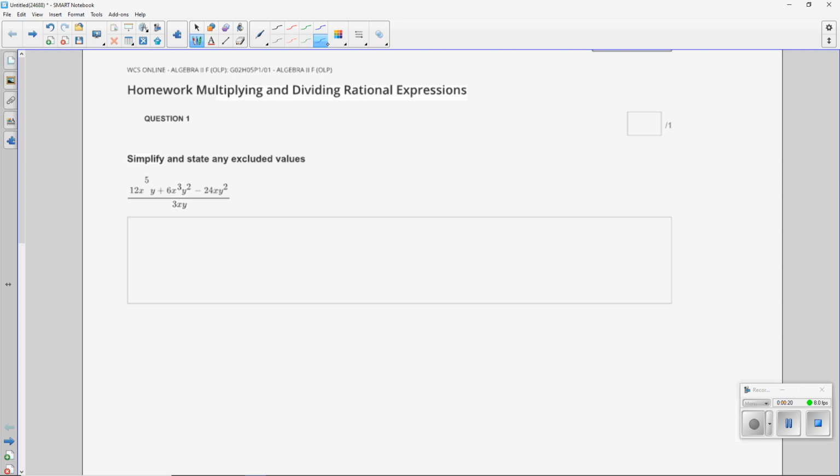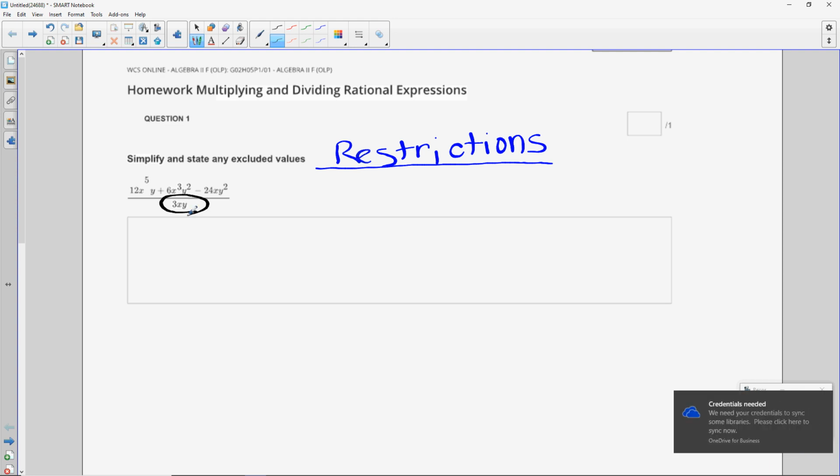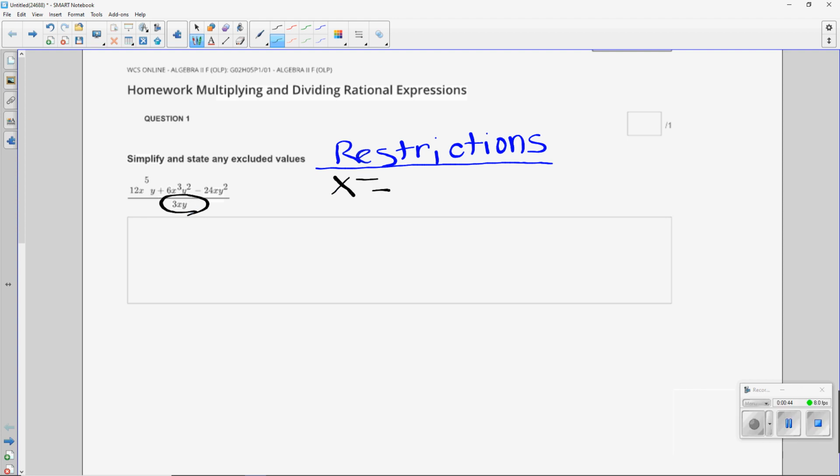So first we're going to find the excluded values, or sometimes you'll see the word restrictions. I use the word restrictions. And this is basically what can our variables not equal. We only want to do this after the bottom part is factored, but we're going to take each variable and we're simply going to set it not equal to 0.